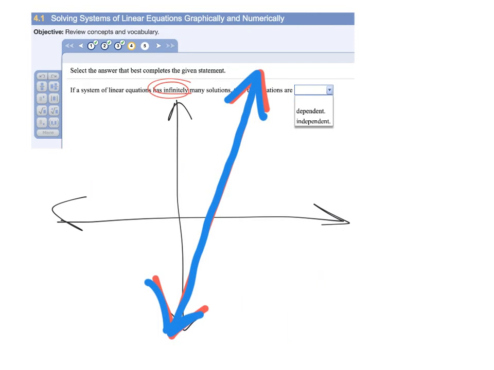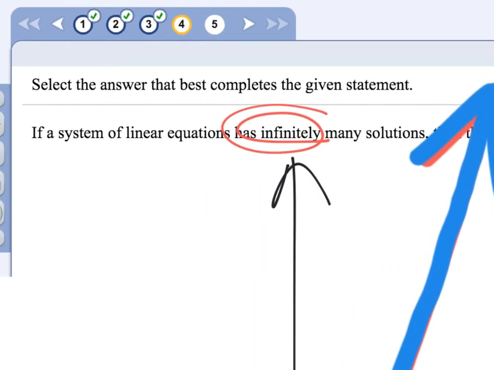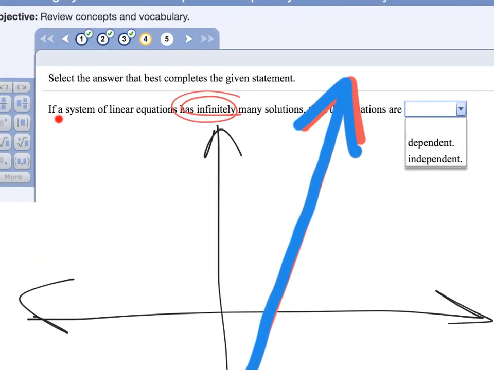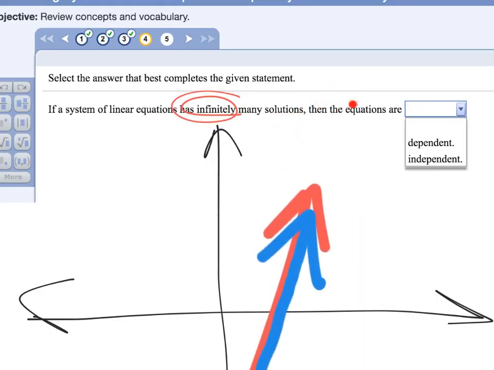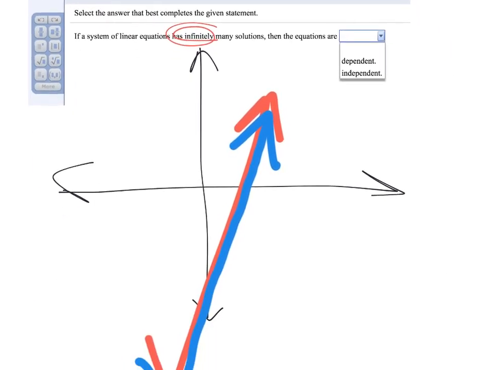All right, so the directions say, if a system of linear equations has infinitely many solutions, then the equations are, and we have two choices, dependent or independent. So if they have an infinite number of solutions, what does that mean?